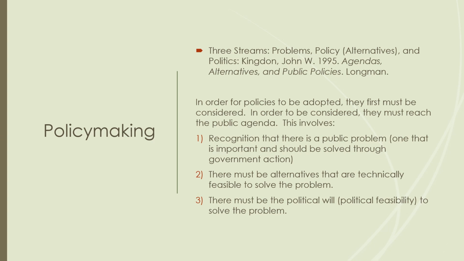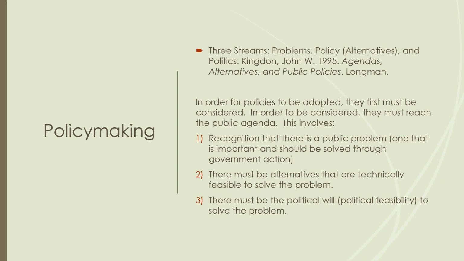One approach to policy analysis is that of John Kingdon. John Kingdon came up with what's called the three streams model: problems, policy alternatives, and politics. He first started working with this idea in the 1980s, but continued it throughout the rest of his career.